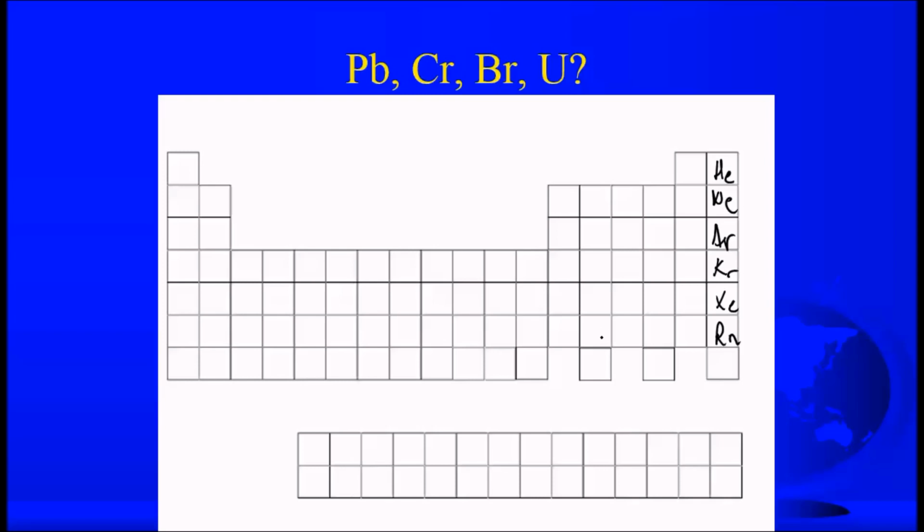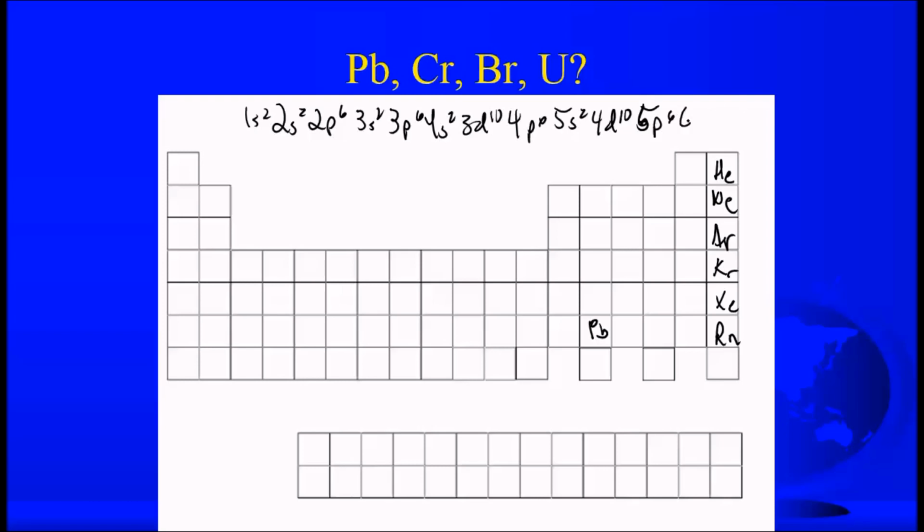So if we have to go to lead, which is, I think, right here, what you do is, instead of saying 1s2, 2s2, 2p6, 3s2, 3p6, 4s2, 3d10, 4p6, 5s2, 4d10, 5p6, 6s2, 4f.